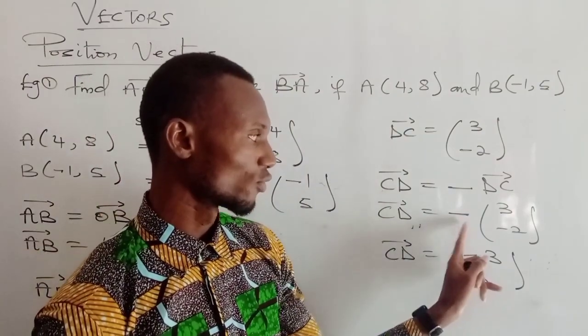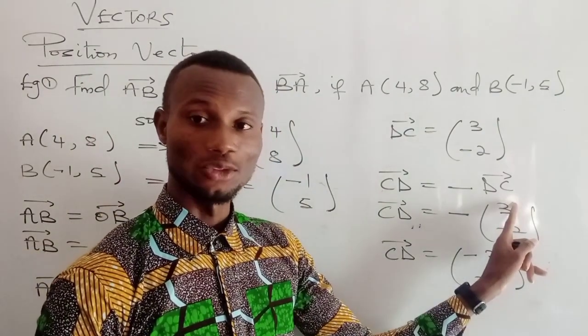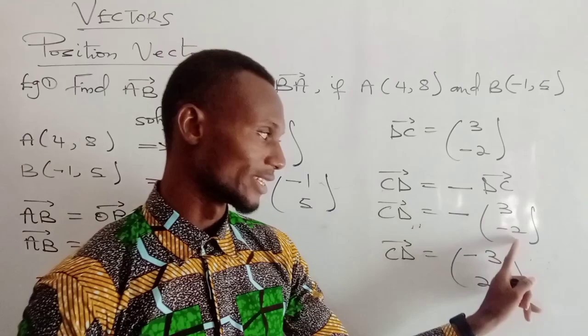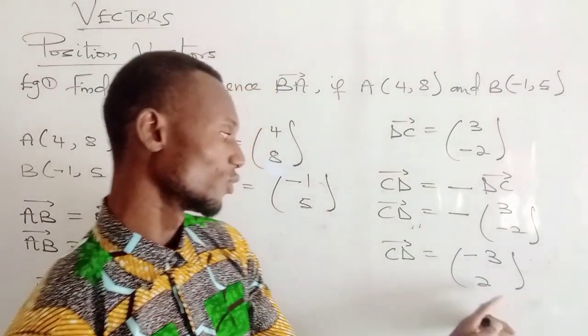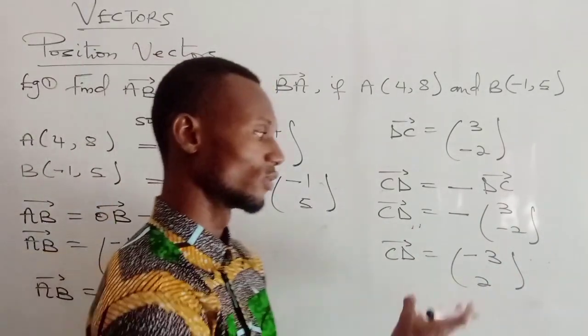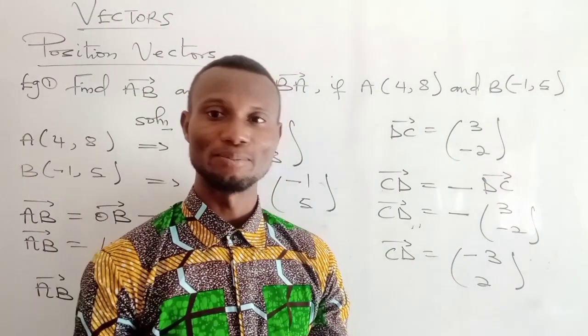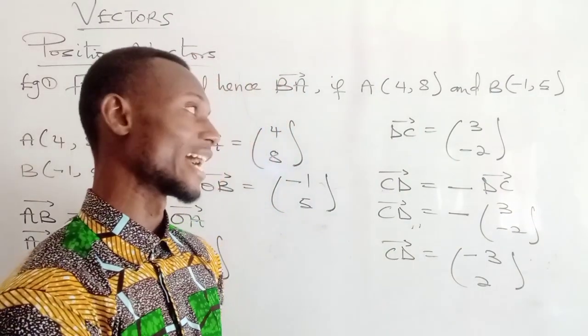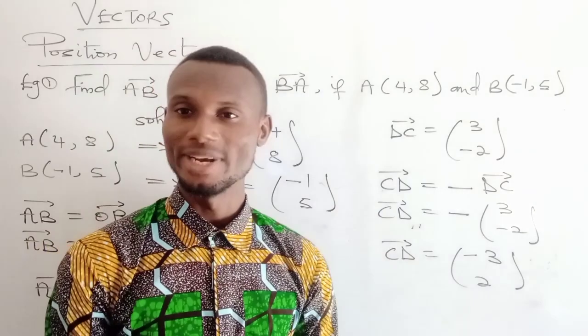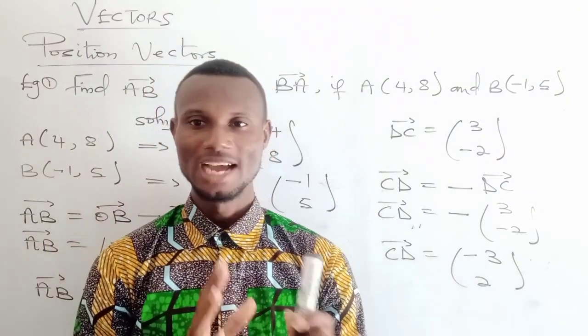So the negative will affect the value at the top, and also the negative will affect the value at the bottom. So you are getting your CD to be equal to -3, 2. And CD is simply the inverse of the vector DC. I hope the explanation is clear enough up to this point.